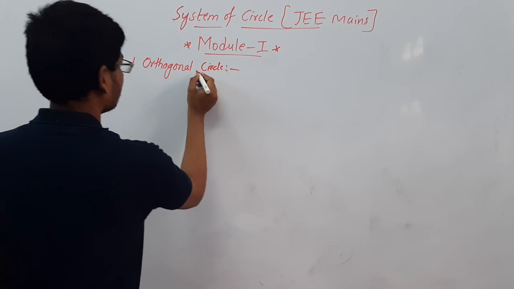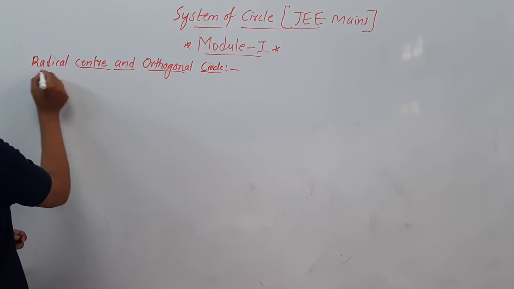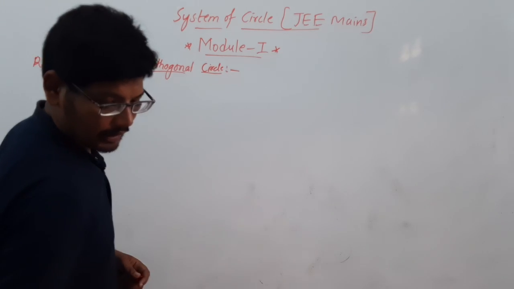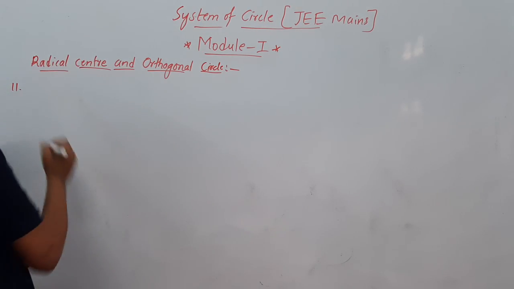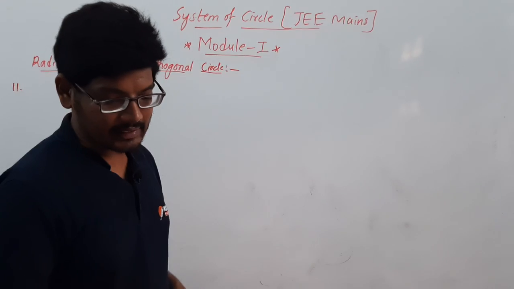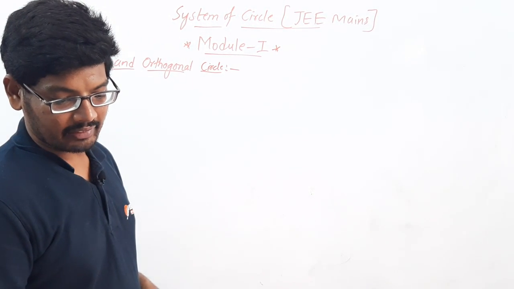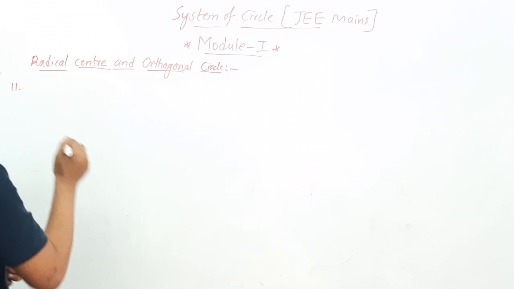This is the topic name, and in this topic the question number is 11. The question is: the radical center of x square plus y square minus x plus 3y minus 3.